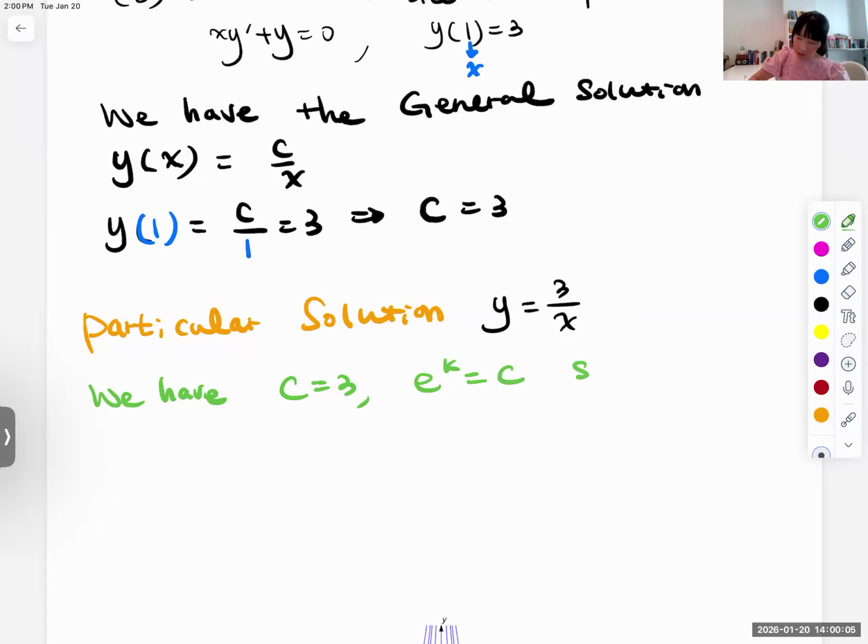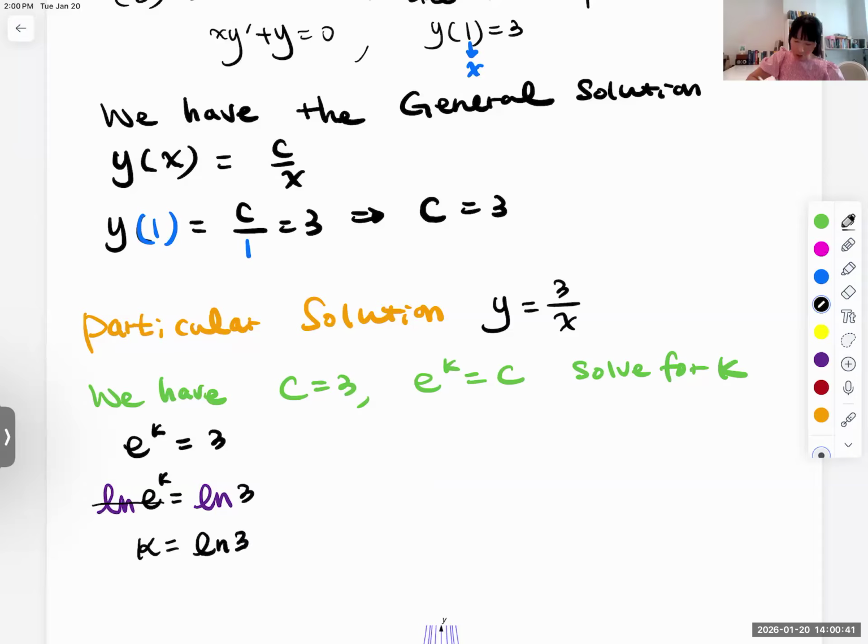So e to the k is equal to 3. Then k is in the power, so we take ln of both sides. So k equal to ln 3, right? All right, so this is simplified. We have k equal to natural log of 3, right?